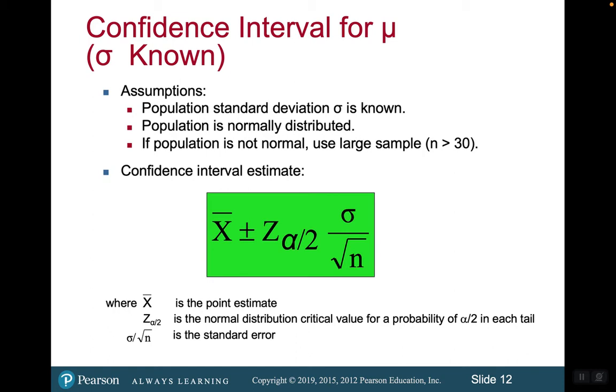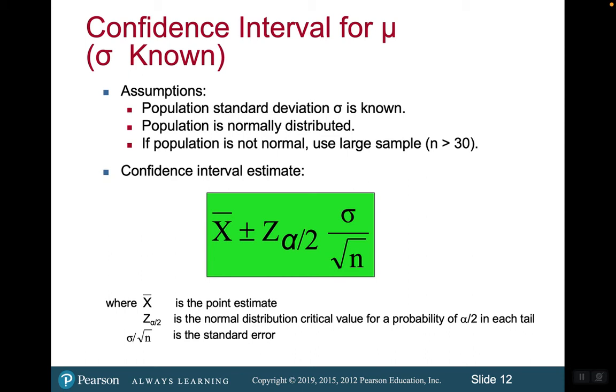All right, so for the confidence intervals for the mean of the population where the standard deviation is known, a couple of things. Our assumptions, we put a stake in the ground: number one, we know what the standard deviation is. Number two, and this is an important assumption, is that the population is normally distributed.